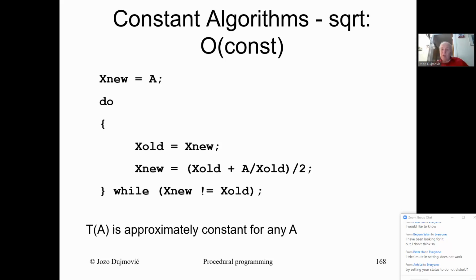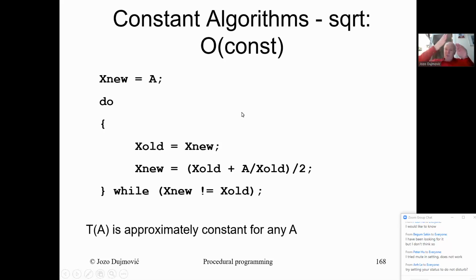But this one is the best because you have this algorithm. If you want to derive this, I don't have time for deriving, but if you have a hyperbola, x times y equals a, this a that you want to compute the square root of.